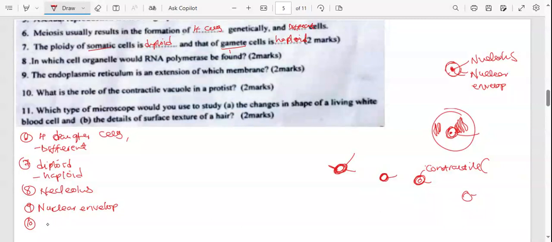It prevents what we call osmoregulation problems. So in short, it is in charge of osmoregulation.